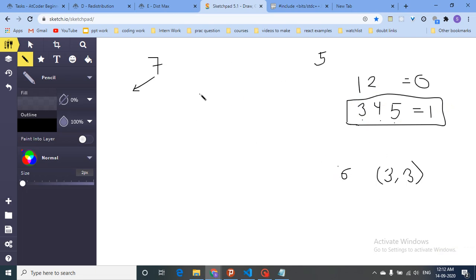Because the terms must be at least 3, I can take a loop where I keep subtracting some number from this number such that the remainder stays non-negative and the number subtracted is greater than or equal to 3. I'll tell you how. Let's assume I have 7 and I subtract 3 from it.